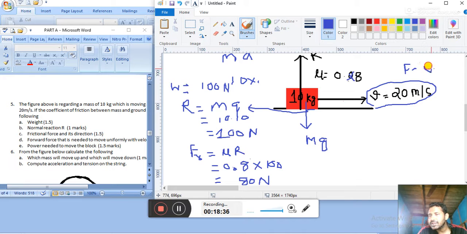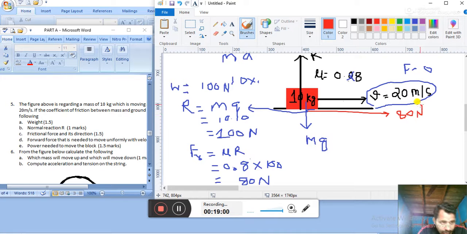So this 20 meter per second does not contribute in terms of force. If this body is pulled backward by 80 newton, it should also have a forward force of 80 newton, so that it moves with uniform velocity.